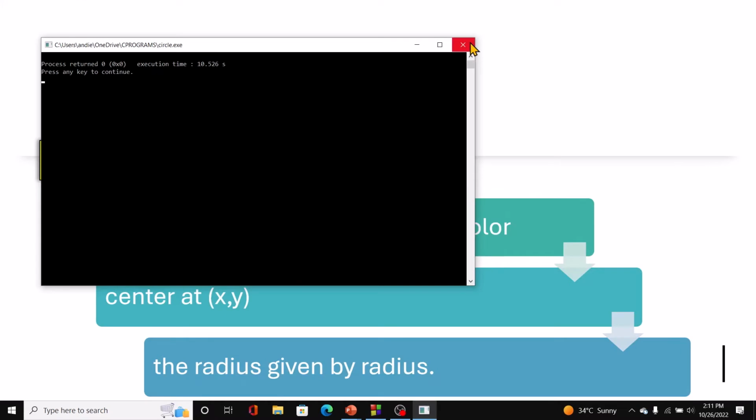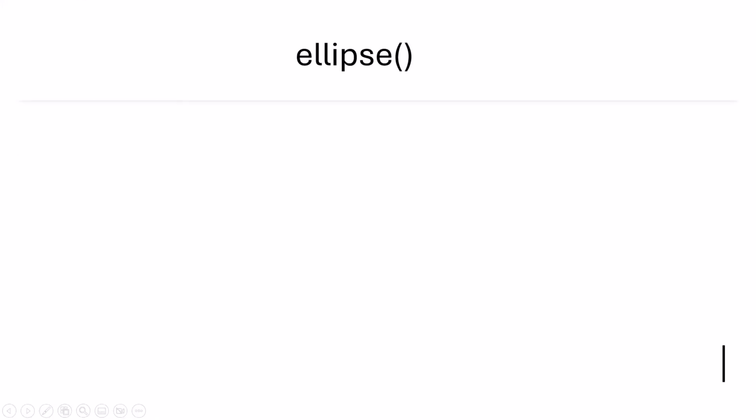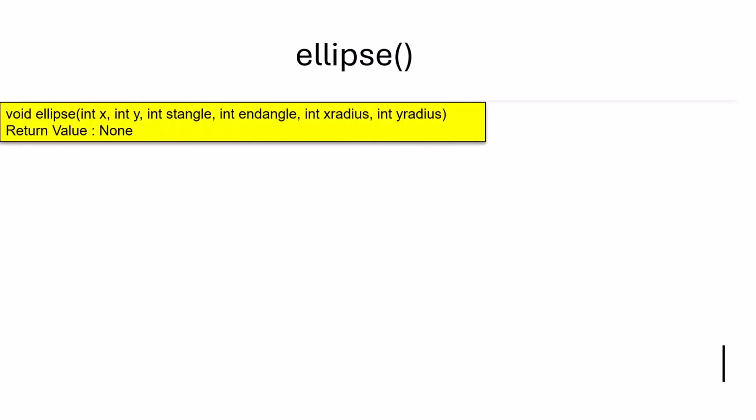to the next function, which is the ellipse function. And you can see this function prototype there. Return value is none, and you can see the parameters requires a center to be specified given by integer x and integer y. And we have a start angle and an end angle as well.